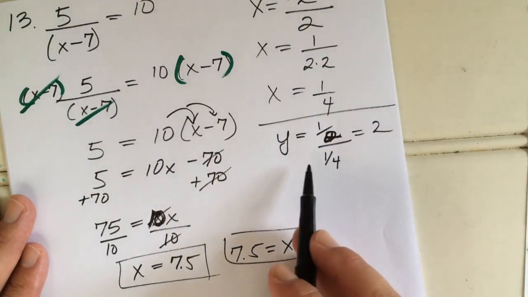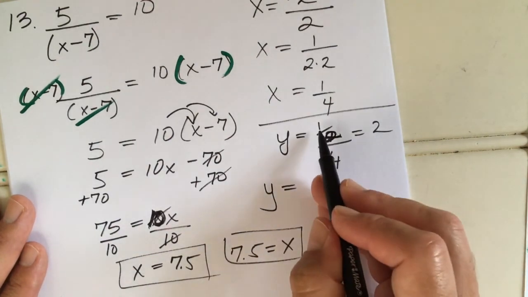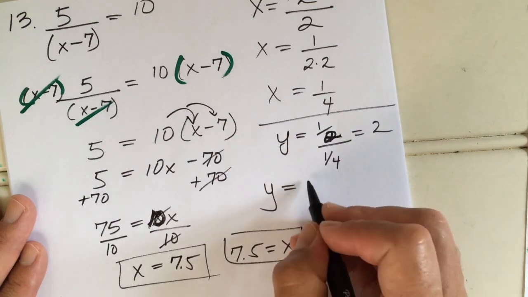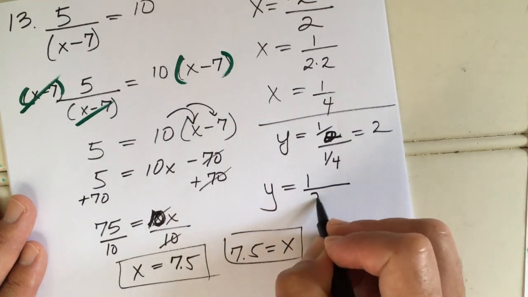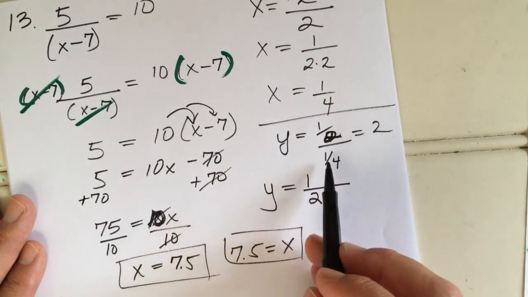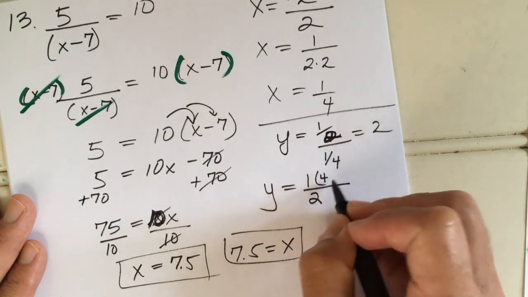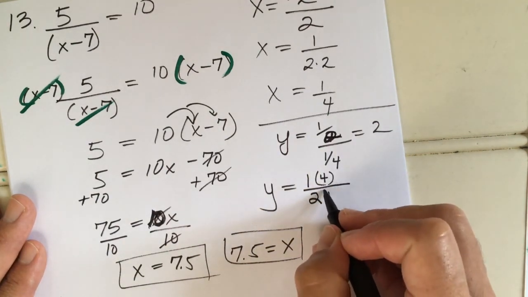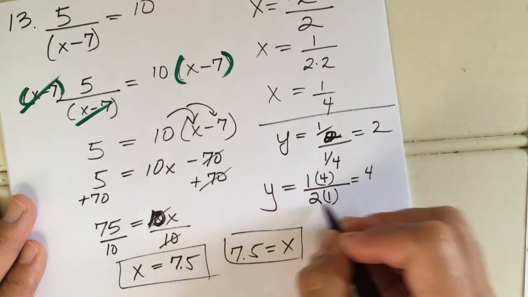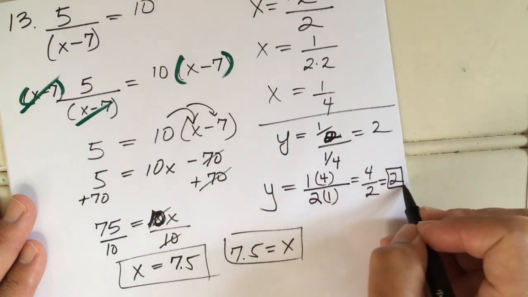But let's look at what happens there with the fractions, right? So on top, the 1 gets to stay there and the 2 gets to go to the bottom. Okay, so the 1 stays on top, 2 goes to the bottom, and with the 4th on bottom, we multiply by the reciprocal. The reciprocal of 1/4 is 4 over 1, so the 4 goes up here, and the 1 goes here. Check that out, right? 4 times 1 is 4, 2 times 1 is 2, 4 over 2 is 2. See, it works.